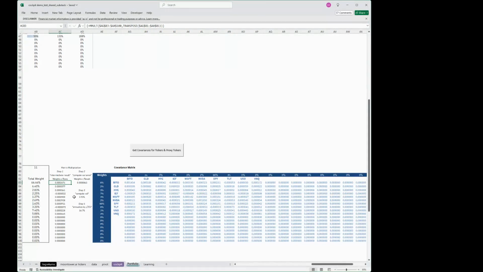Excel is pretty cool. It has this neat function called matrix multiplication, mmult. If you don't want to do the sum product for each one, you just do mmult. It'll multiply this set against this entire matrix right here. Even though these are zeros, it doesn't matter because in the sum product you're just summing zeros.